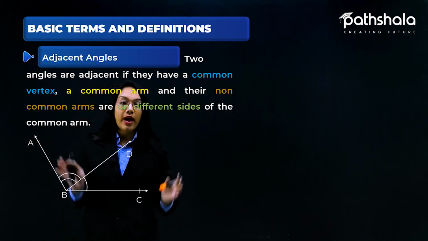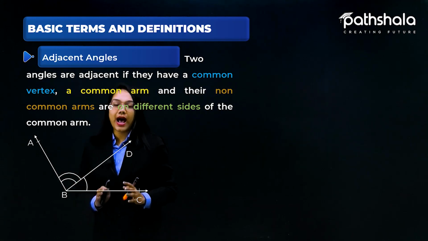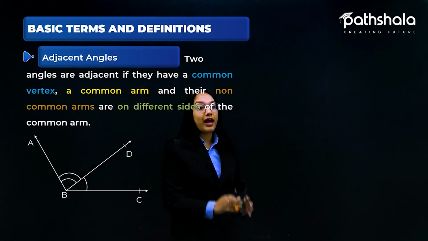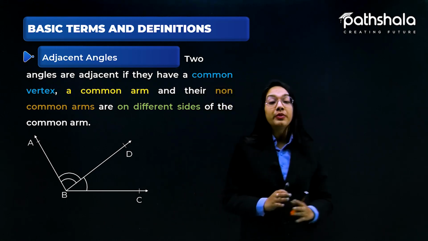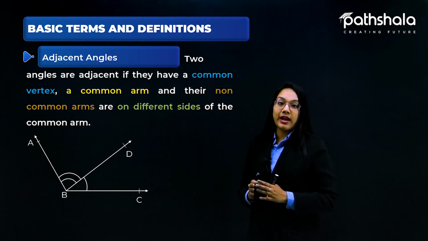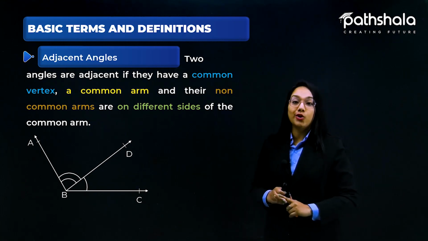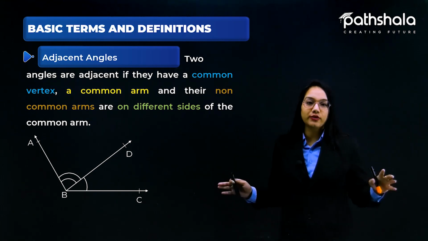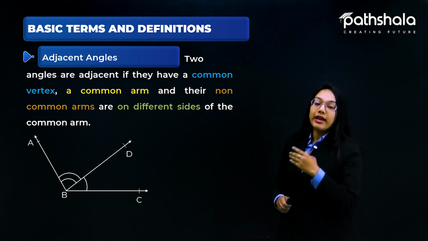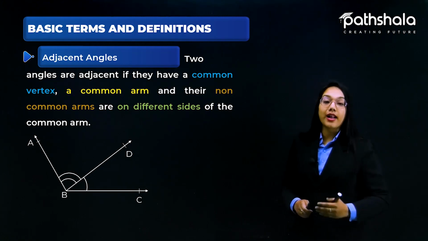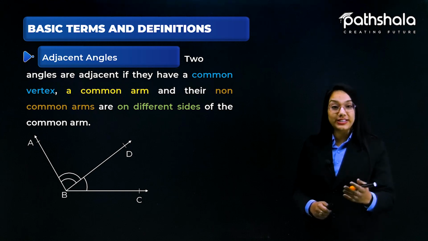So that's why these angles are called adjacent angles. Always remember, two angles are adjacent angles if they have a common vertex, a common arm, and their non-common arms are on different sides of the common arm. So hence ABD and CBD are called adjacent angles.